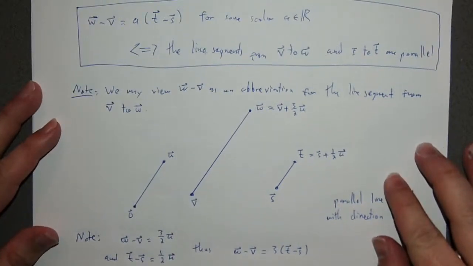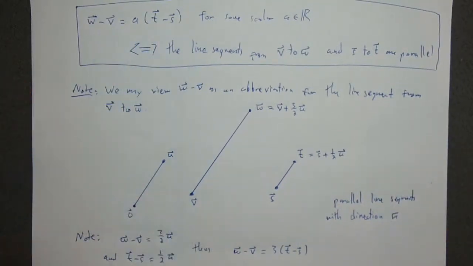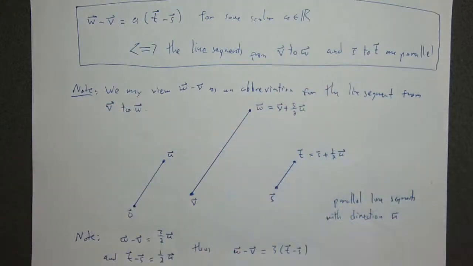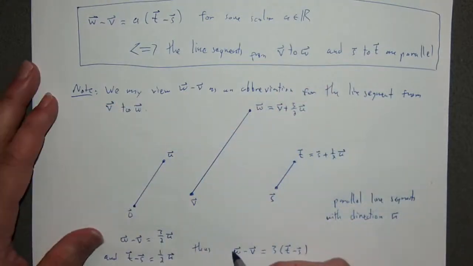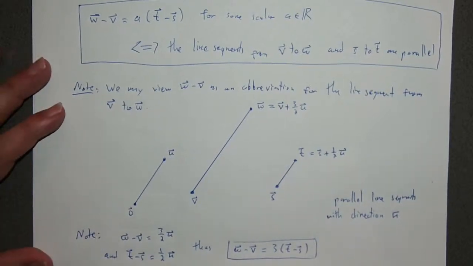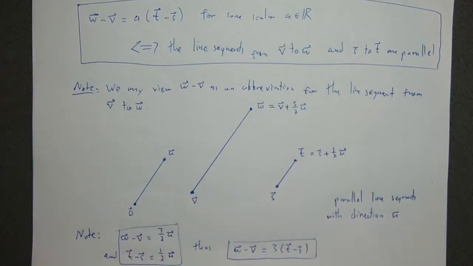So in this same way, what did this condition tell us? It told us that the line segments from v to w and from s to t are parallel. These two relations tell me that they're parallel to u, but this relation here tells me that they're parallel to each other, without even having to involve u at all. All right, so that's how that goes.